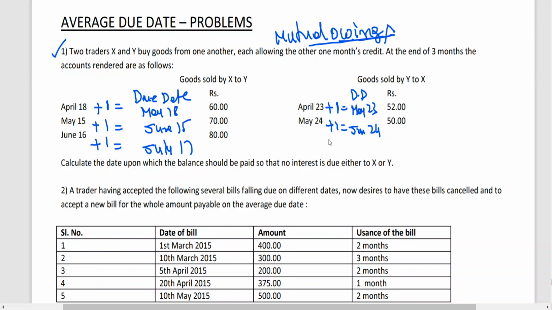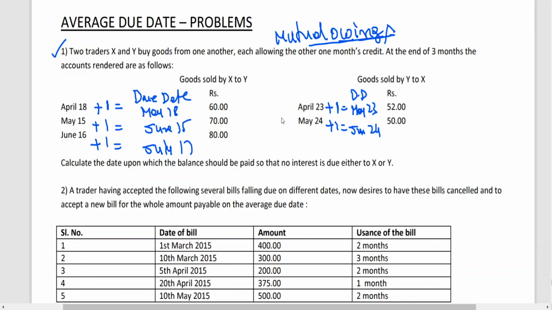So what we should do now is that when we are having mutual owings, we need to find out the product of goods sold by X. Are you following? We need to find out goods sold by X, that means Y's payments. Goods sold by Y to X means X's payment.